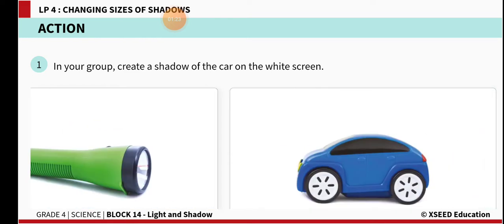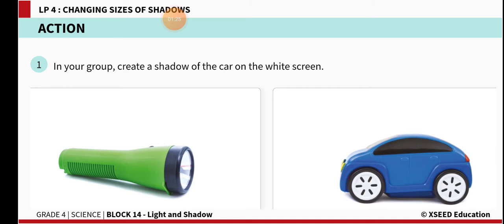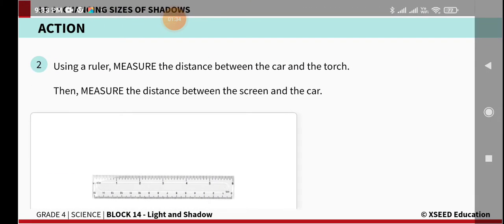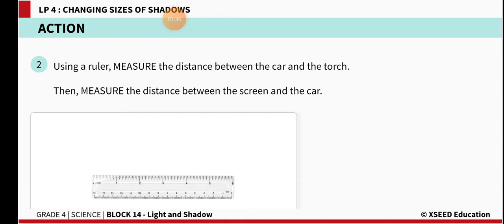Change the distance between the light and the screen and observe the size of the shadow, how it appears, and note down your observations. Find the difference between the light and the object and between the screen and the object with the help of a scale.